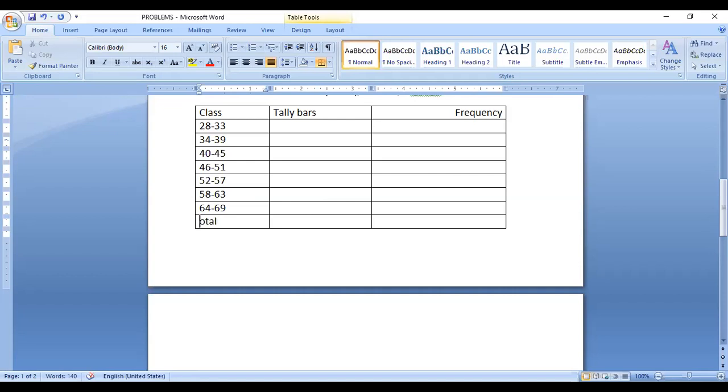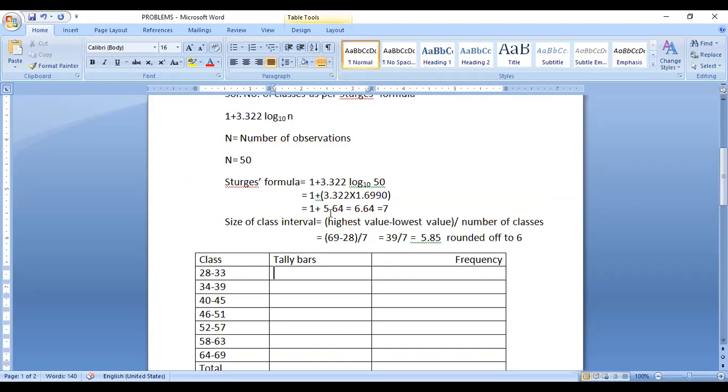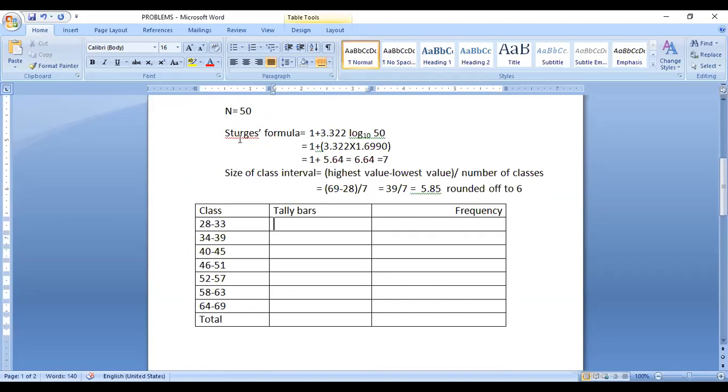And the total. Please understand the Sturges formula, how to calculate the log 50 value. I have explained, I hope you understood. 7 classes will come according to the Sturges formula.